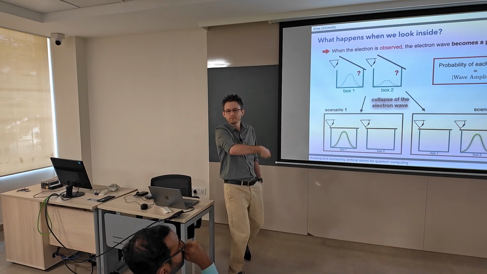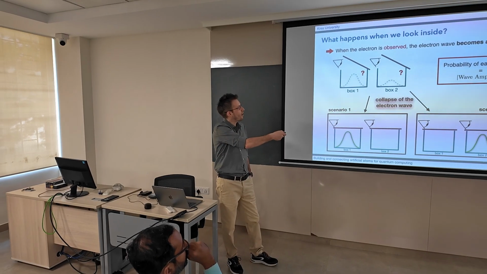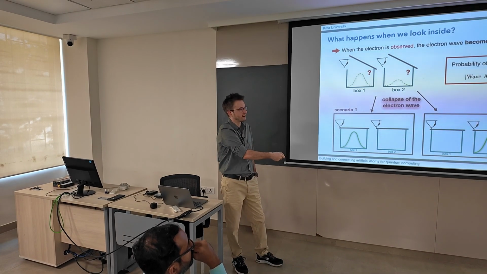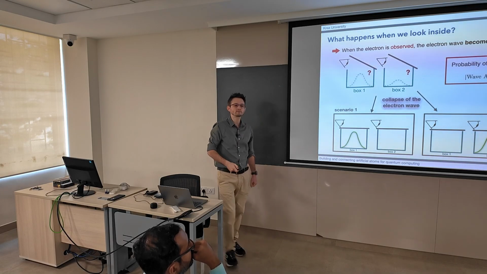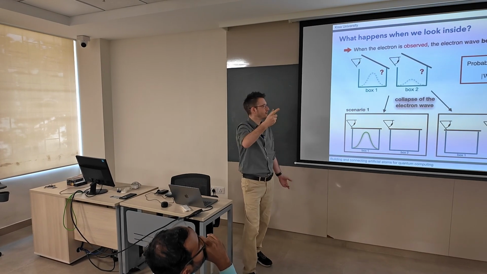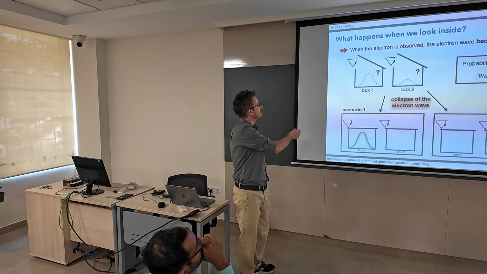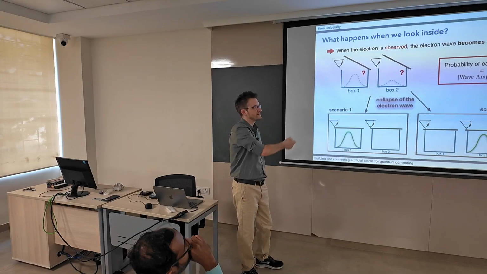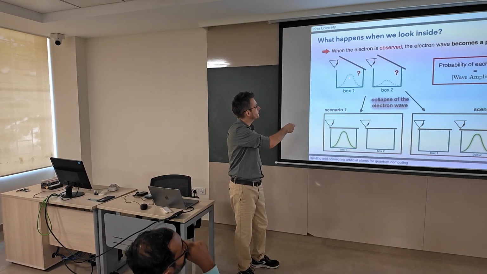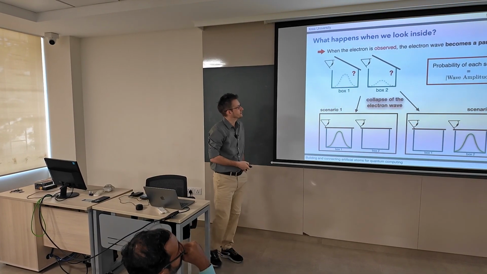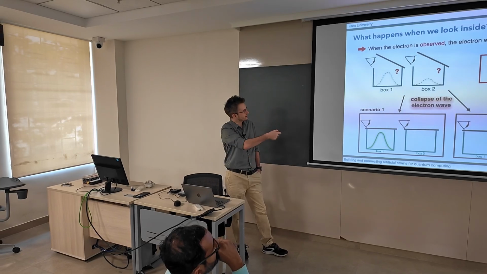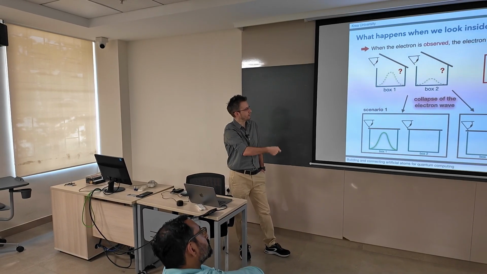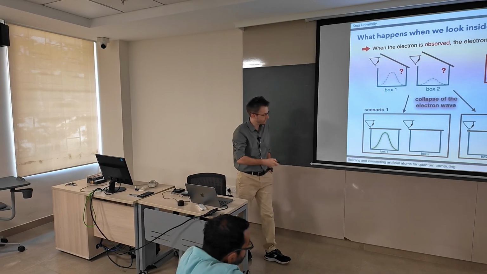So based on this, what is the most probable scenario? Finding the electron in box 1 or in box 2? Yeah, in box 1, right? Because there's more wave, the wave has a higher amplitude over here. So that's basically how quantum mechanics works. With the highest wave amplitude, you get the highest probability of getting scenario 1, right?